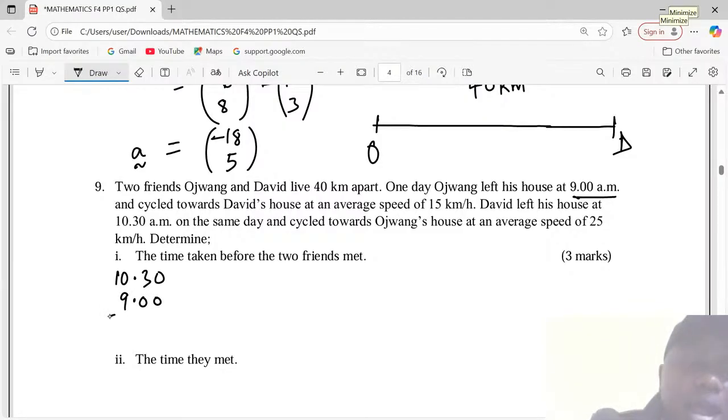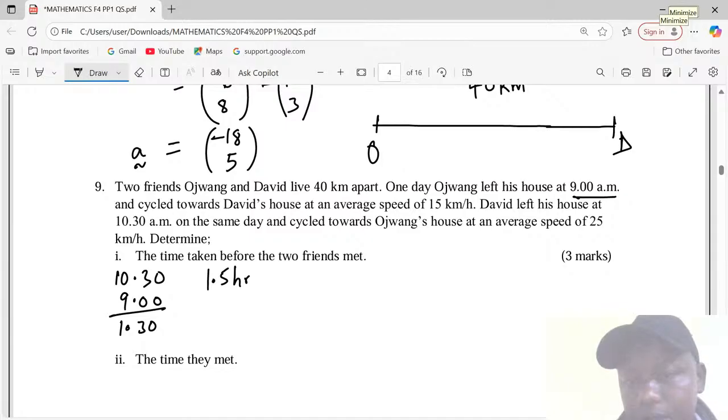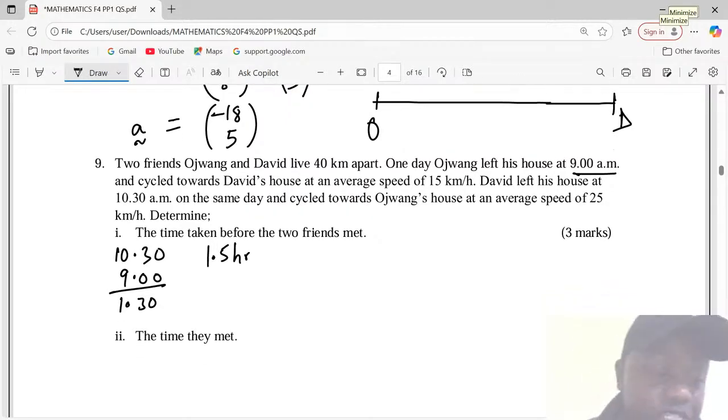So Ojuang has been traveling for 1 hour 30 minutes, which is 1.5 hours. Ojuang has traveled for 1.5 hours when David had not started his journey.